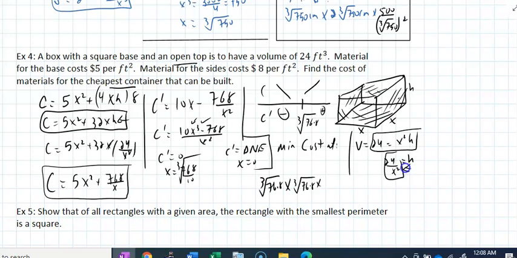And if I plug it in, 24 divided by the cube root of 7, of course you could plug that in your calculator and get an answer, and that was in feet. That would give the minimum cost.